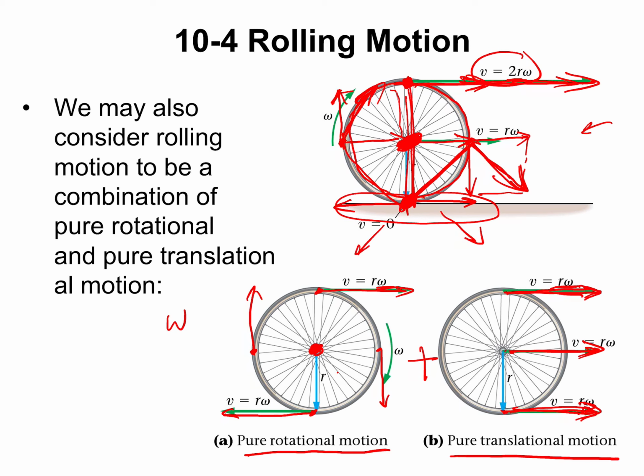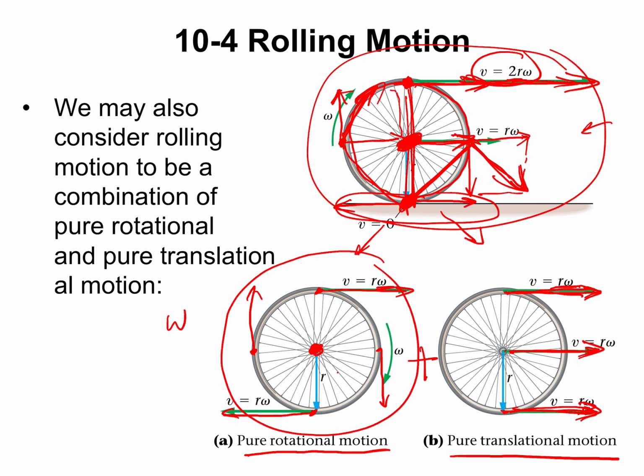Add them together, so the middle point has just the linear quantity. So we can use this idea to solve problems: pure rolling equals pure rotational plus pure translational. You can always decompose pure rolling.